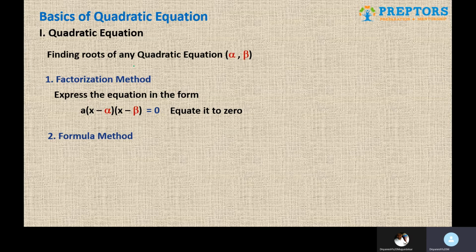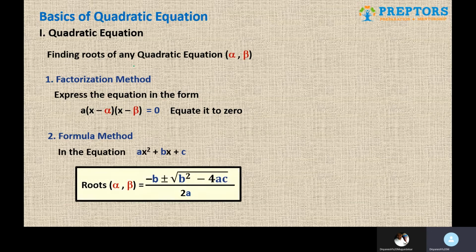The formula to find alpha and beta is minus b plus minus square root of b square minus 4ac upon 2a. Substitute the values of a, b, c, solve this, and you get the two roots, alpha and beta.